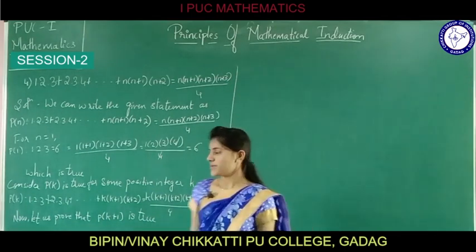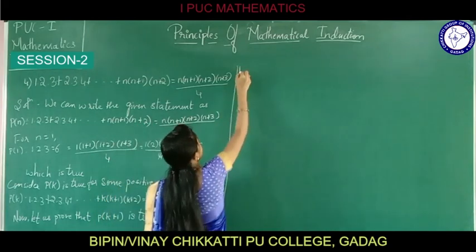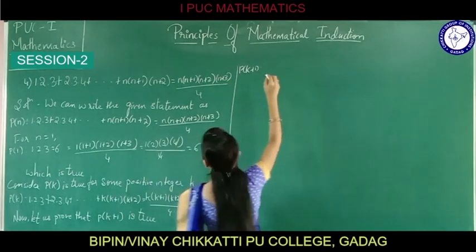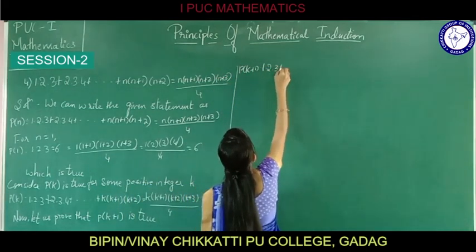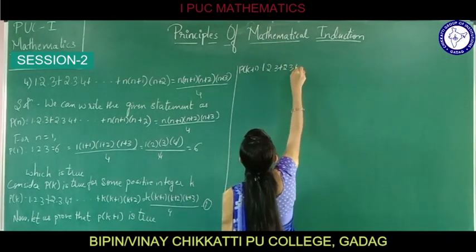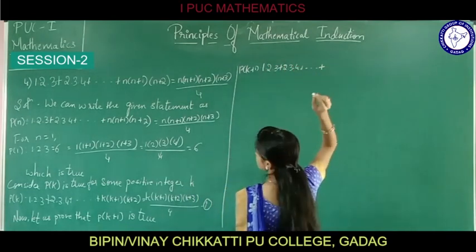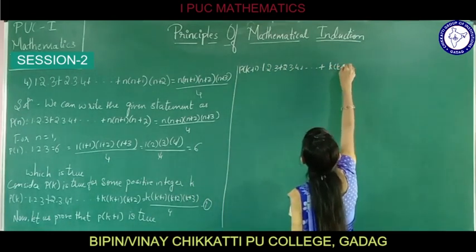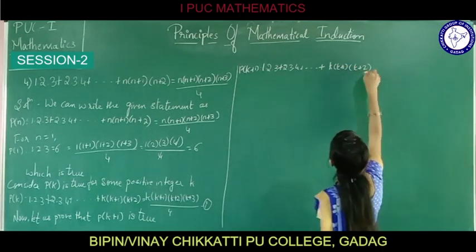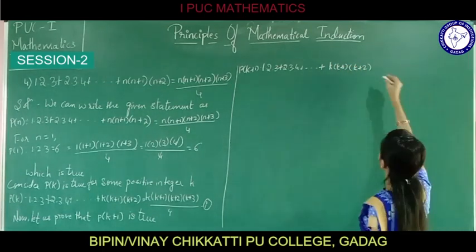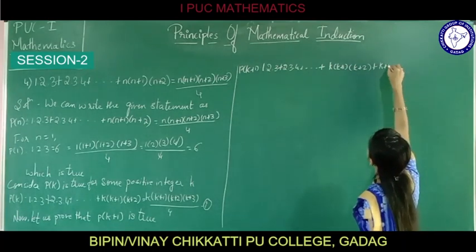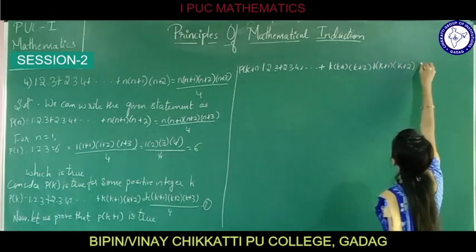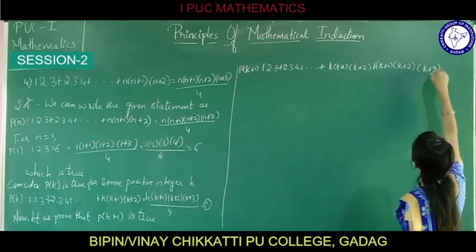So P of k plus 1 is 1 into 2 into 3, 2 into 3 into 4 plus so on up to k into k plus 1 into k plus 2, this is for the k term, and we have k plus 1 still, that is k plus 1 into k plus 2 into k plus 3.